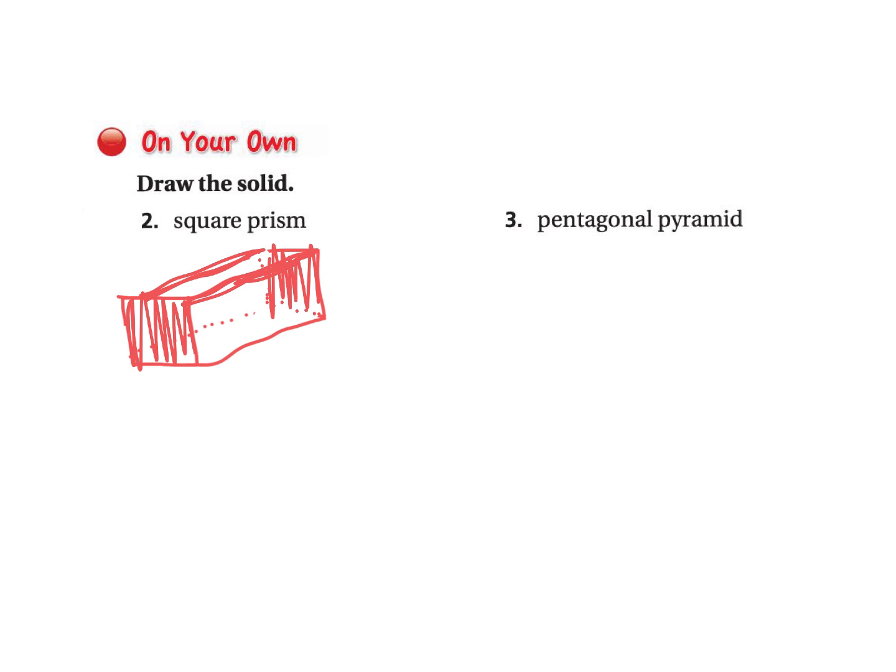Now, a pentagonal pyramid. A pentagon has 5 sides. So 1, 2, 3, 4, 5. And then we have a point. Okay, so if we're looking at it from the front, I can see that line. I can see this line.